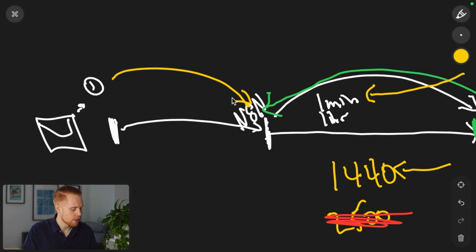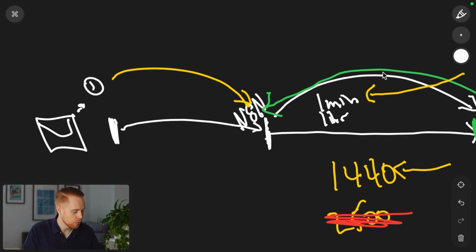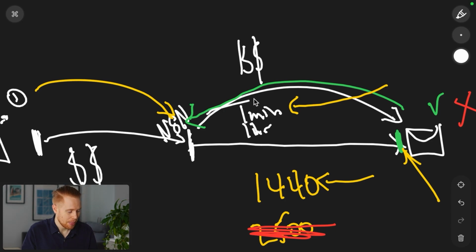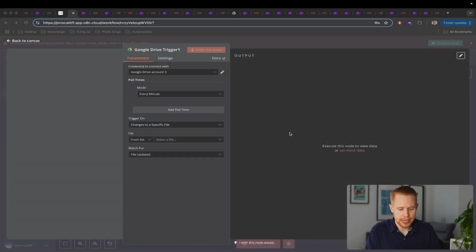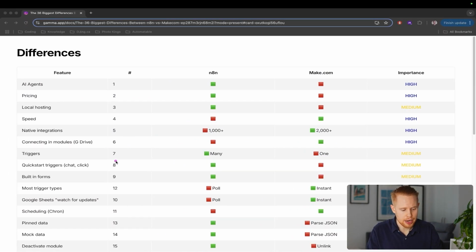This is a totally different pricing model, but it is so much more economical because you only pay for what you use. You're not paying for just the privilege of asking, hey, is there even something there? For that reason, I believe that n8n is definitely the loser in this category, and I would prefer make.com for these trigger types.